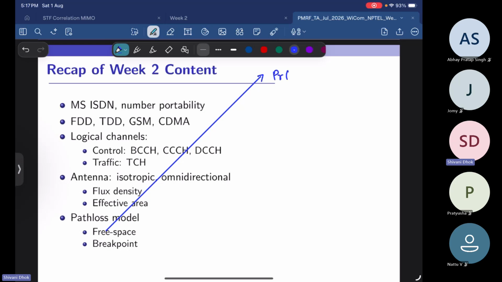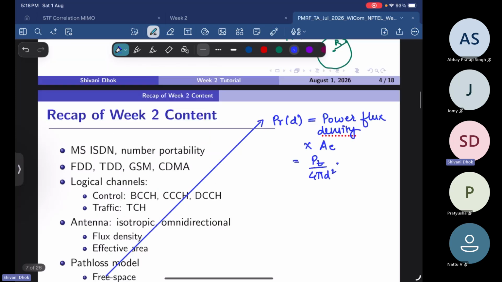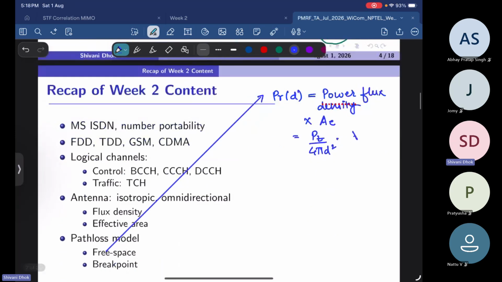So the received power at a distance d is given by the power flux density times the effective area. And since it is for an isotropic antenna, your power flux density was the transmit power upon 4 pi d squared, times the effective area, which we wrote as lambda squared by 4 pi.